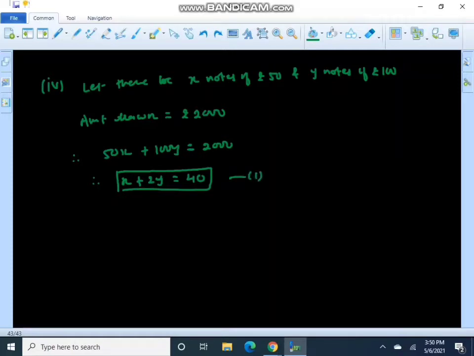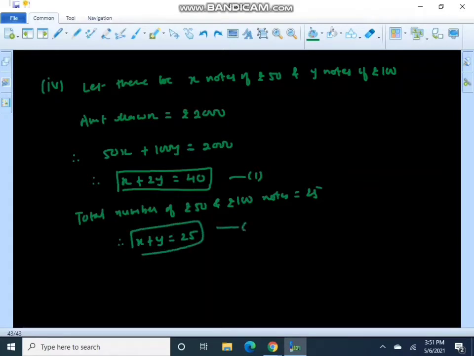Okay, now you are already given that the 25 notes in all Meena received. So the total number of rupees 50 and rupees 100 notes is 25. That is, you are given that x plus y is 25.